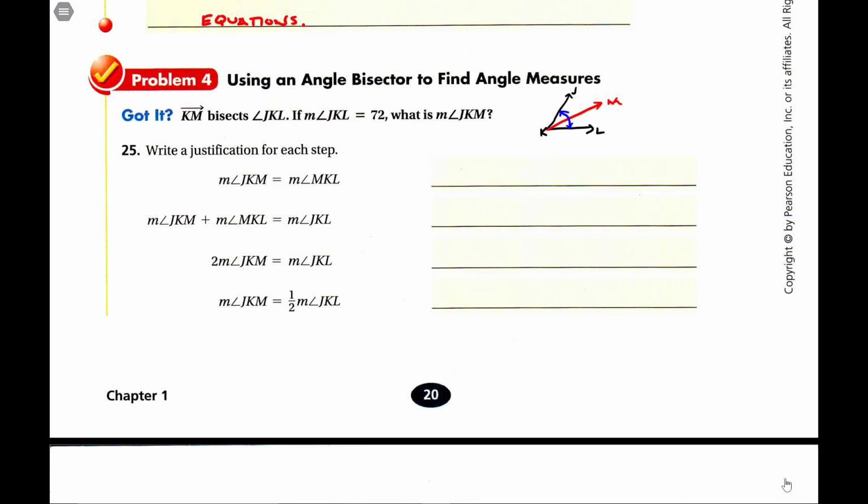First thing we're given is the measure of JKM is equal to MKL. And that's just the definition of an angle bisector. The measure of JKM plus the measure of MKL is equal to the measure of JKL. That is the angle addition postulate.